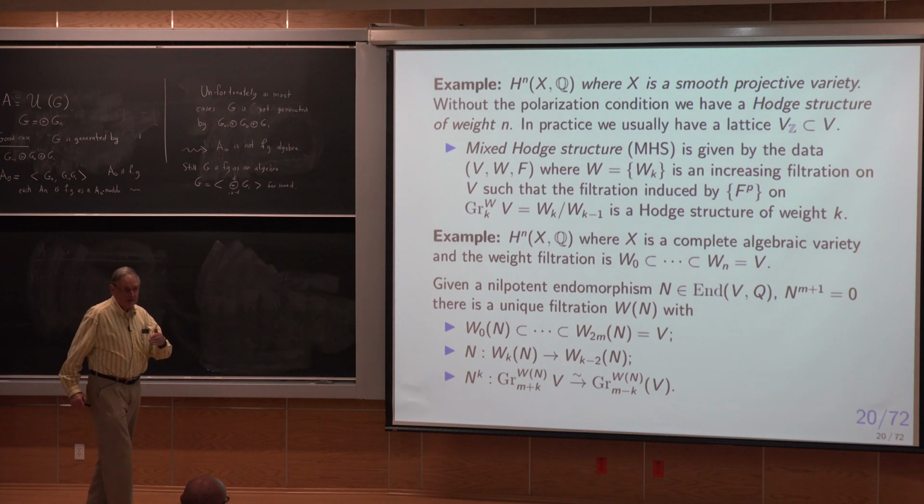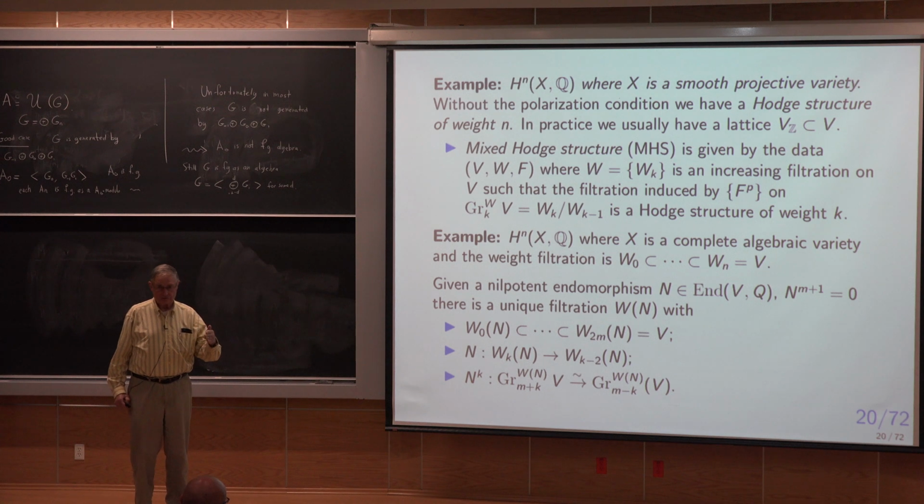So it's the successive extensions of Hodge structures. Geometrically, think of an algebraic curve with a singular point. Then the cohomology will have a mixed Hodge structure where the weight filtration reflects the cohomology of the singular point. That's a trivial thing in this case. And then the cohomology of the desingularization.